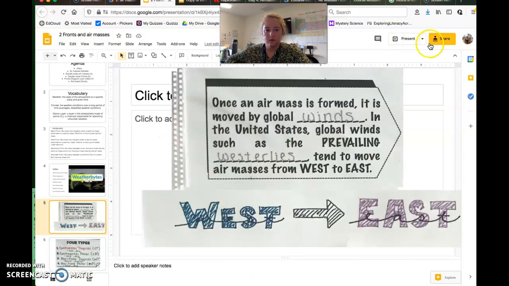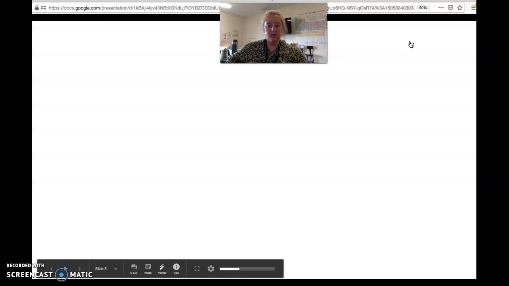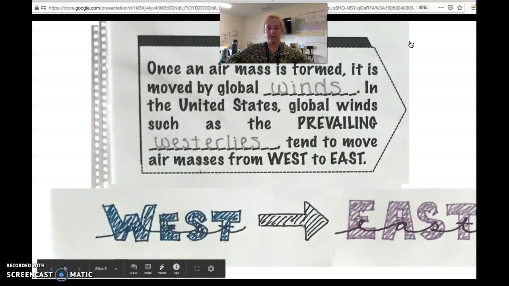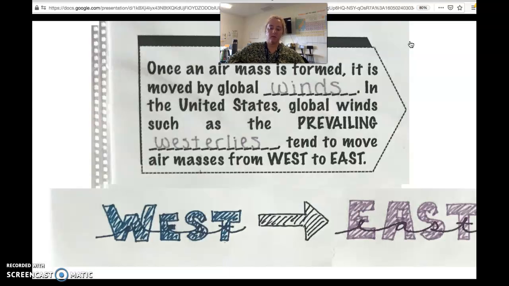So air masses. Basically, they are big floating sections of air. Once an air mass is formed, it is moved by global winds. In the United States, the global winds, such as the prevailing westerlies, tend to move air masses west to east. That's why we get our weather west to east, because that's the way our wind is moving.